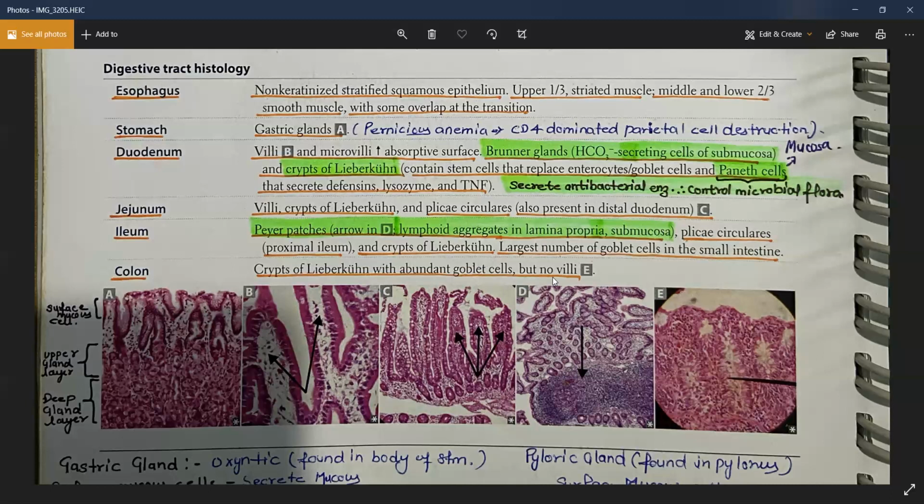If they give you a histology having circular glands in the submucosa, that means the duodenum. If they give you a histology having lymphoid aggregates, that means it is the ileum. So I think that is all about it.